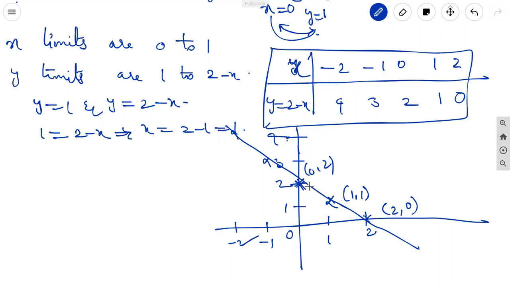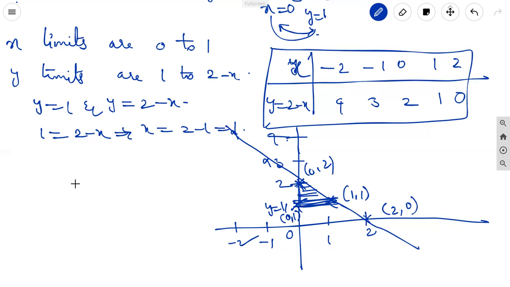And this is the bounded area. We can take the strip y equal to 1, which is parallel to the x-axis. This is the point (0, 1). We take the strip and from the strip calculate the area above.